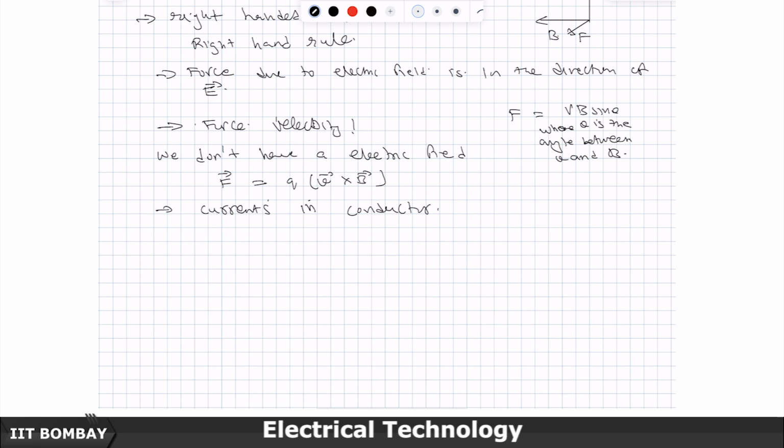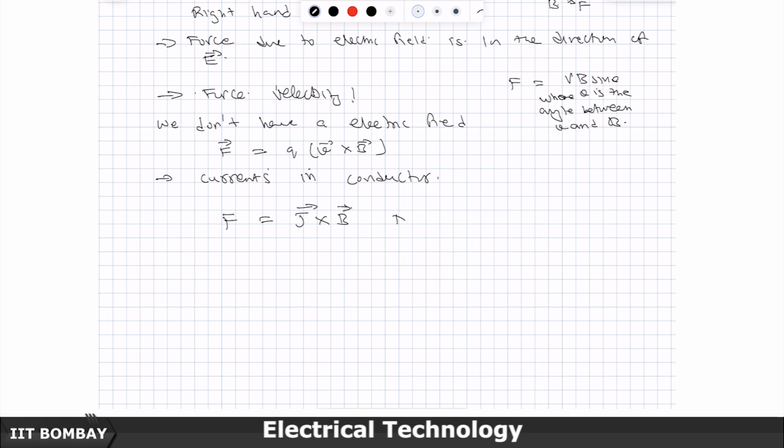But this idea can be generalized when we are talking of a large number of charged particles in motion in a conductor, for example. And we can rework this and show that F is given by J cross B, and now the unit is newtons per meter cube.